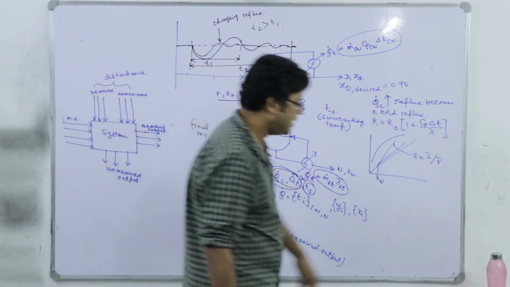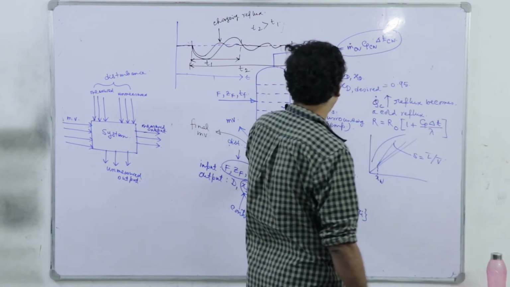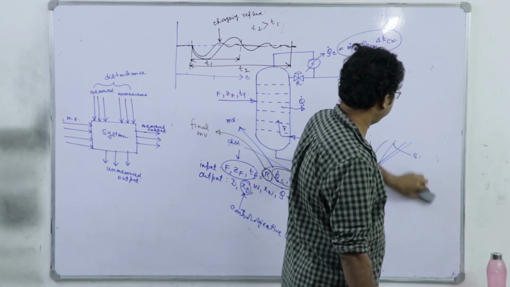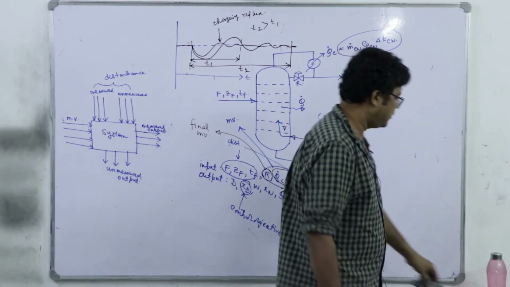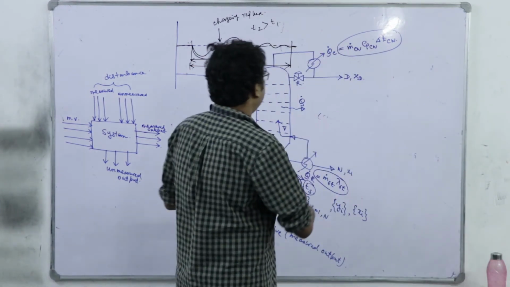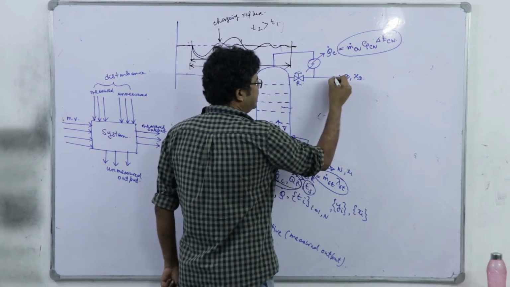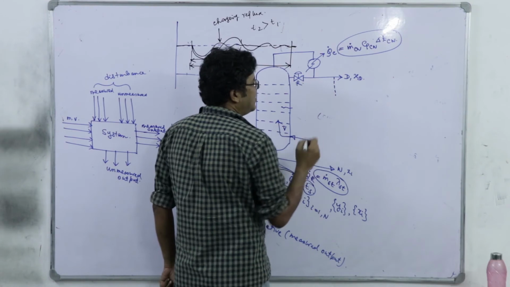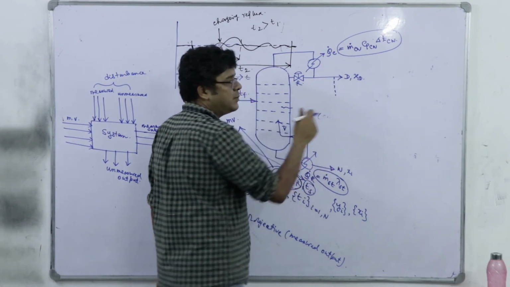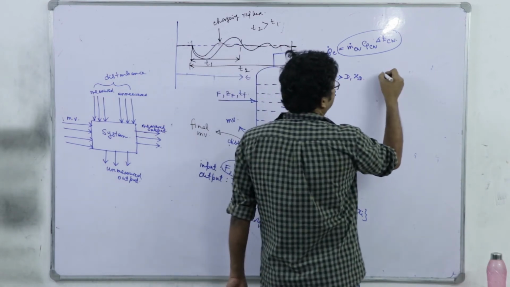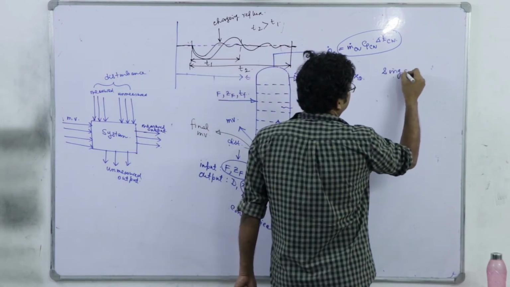So, if in a schematic we try to represent through proper instrumentation, what will be the sequence? You see, now I am going to measure xd, and why am I using a dotted line? Because it is not a material flow, it is a signal, right. And there are two types of signals used in the process industry.